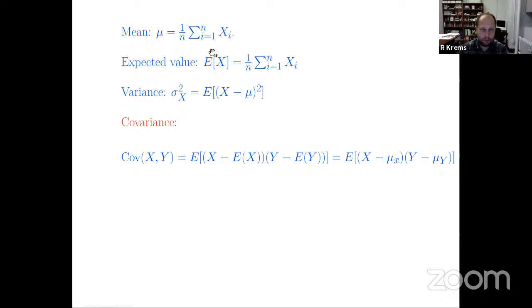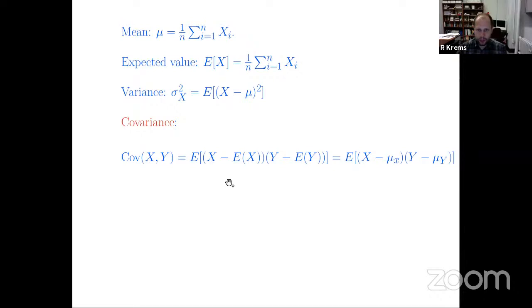Of course, if you have a random variable, we have the mean of it defined like so, and the expected value. We're going to be talking about a lot of expected values today. The variance is the expected value of x minus the mean of x squared, and the covariance for two different random variables is going to be defined like so.